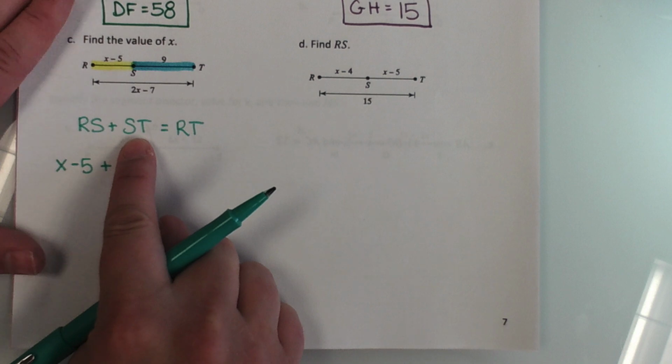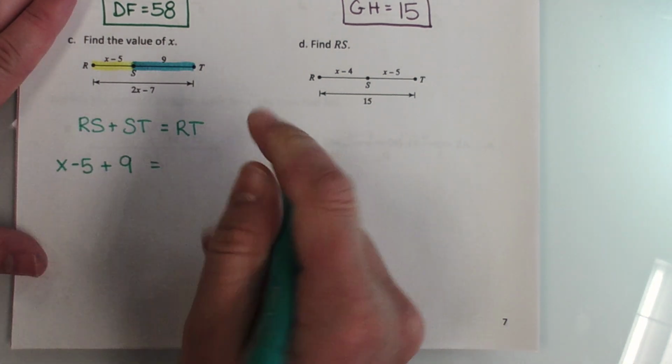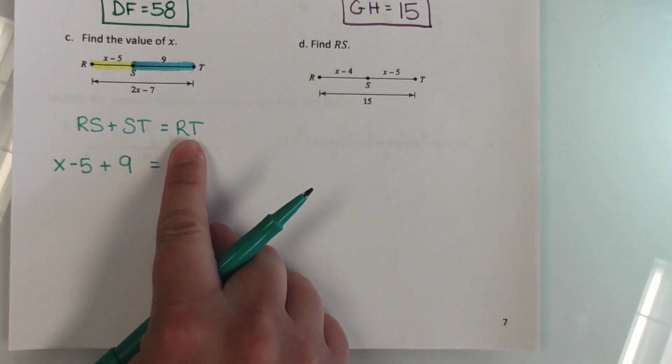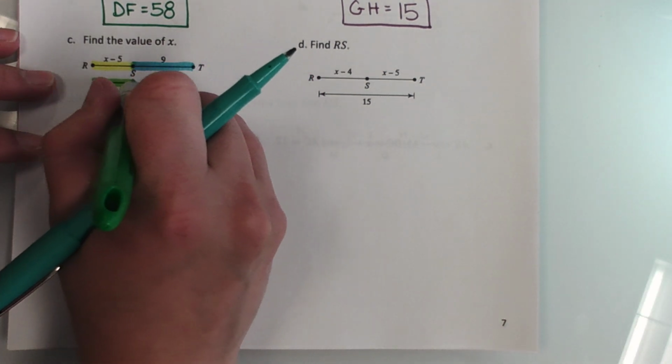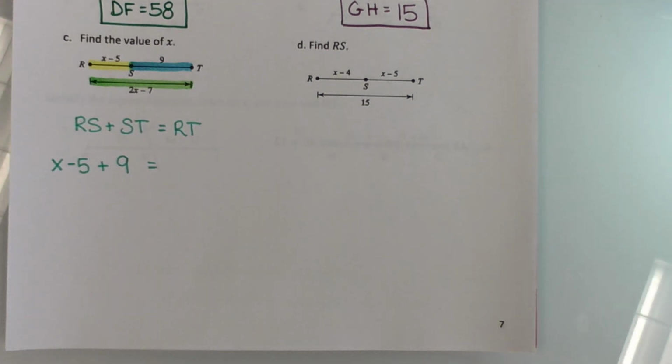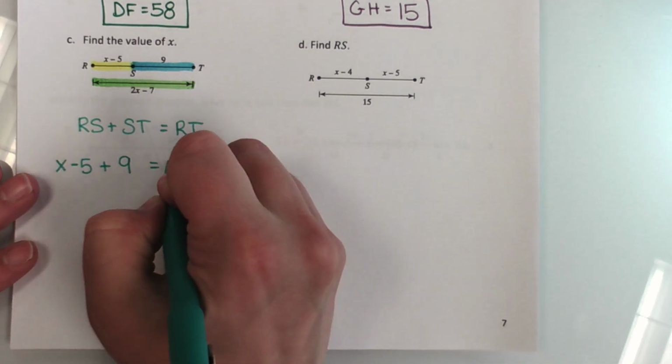What is it? 9. Do I know RT's length? Maybe not as a number, but as an expression? Yeah. They told me RT was what? 2x minus 7. They did it on the outside because they couldn't draw it on the picture easily. But that is 2x minus 7.